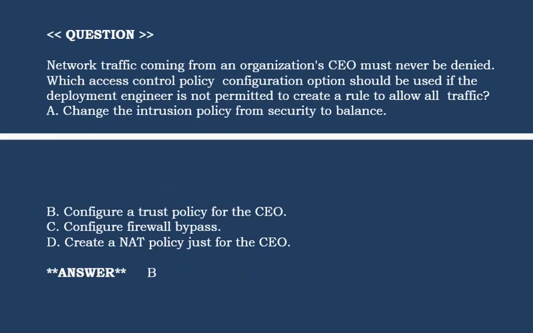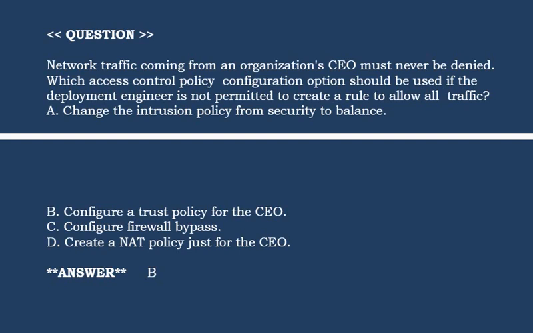Next question is, network traffic coming from an organization's CEO must never be denied. Which access control policy configuration option should be used if the deployment engineer is not permitted to create a rule to allow all traffic?